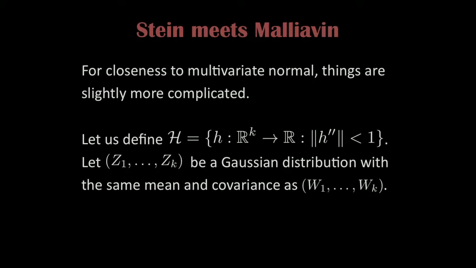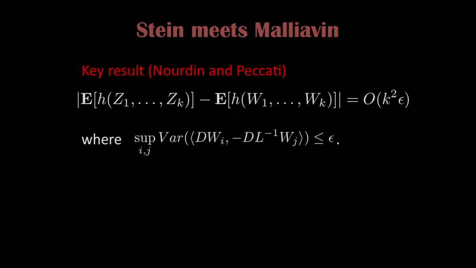So we are trying to prove closeness to multivariate normals. So far I was just talking about univariate normals. The characterizing operators become slightly more complicated to write on the board, so I'm not going to do that. But here is an example of a true theorem which was already known in the literature. Consider the class of functions from R^k to R whose second derivative is bounded, and let Z1 to Zk be a Gaussian with the same mean and covariance as W1 to Wk.